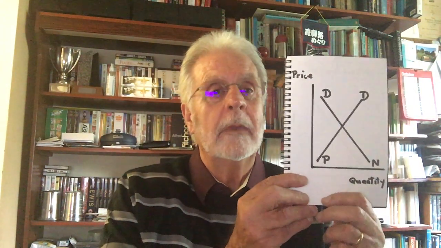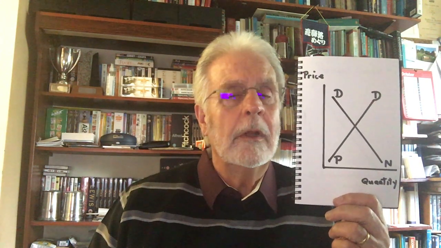So if we wanted to put these on a diagram, a normal demand curve is the line downward sloping from left to right, DN, N for normal. The other line is DP, where the upward sloping demand curve is considered to be a perverse demand curve.